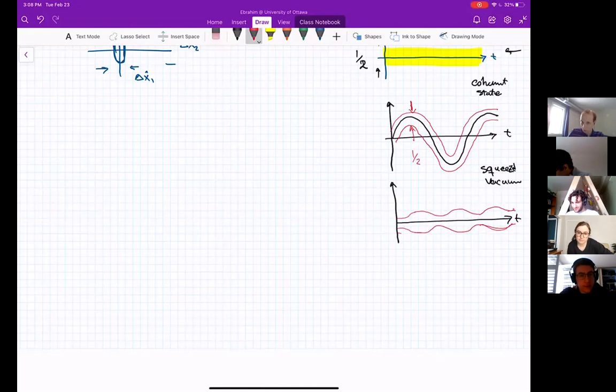Okay, so this is what happens for squeezed vacuum. Essentially, in some places it gets a minimum value. In some places it will be expanded beyond the range that you had, by the way. Okay, the same story here. So this is the noise or uncertainty that you have.